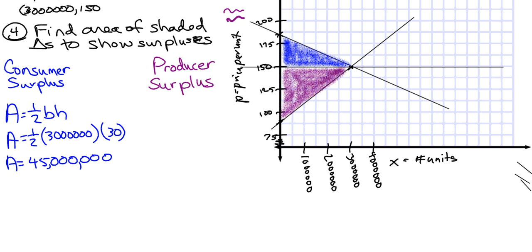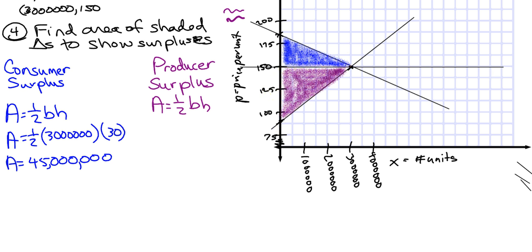For that one, same idea, area is 1/2 base times height. I'll do yellow again, 3 million. And here from 90 to 150, that is 60. This is a right triangle again, and so we can get that area as well.